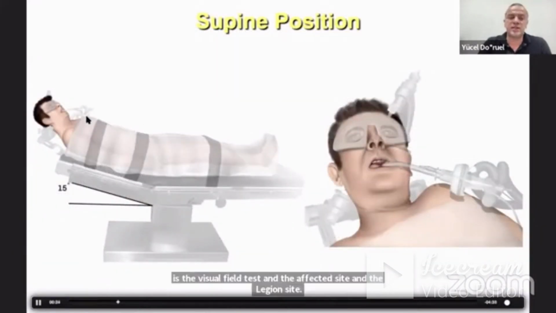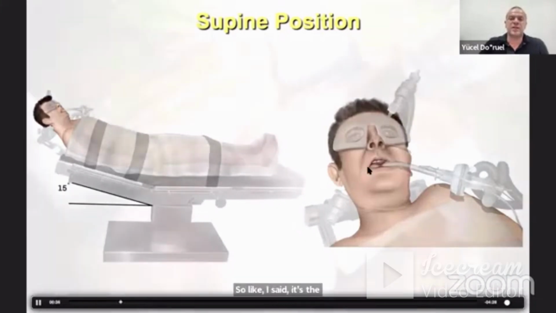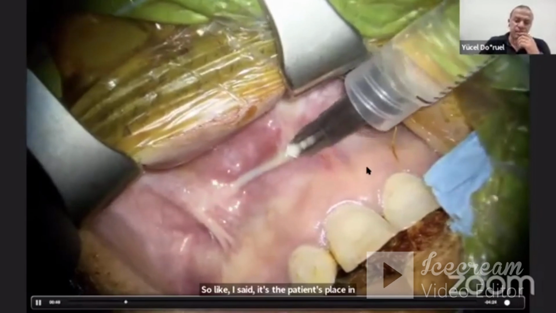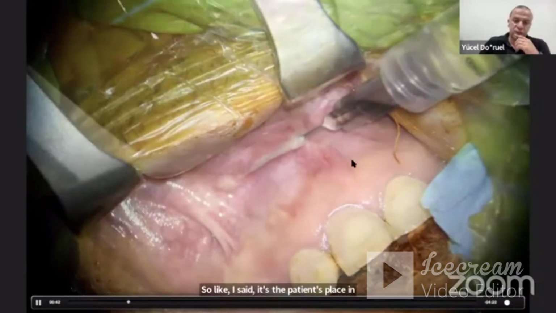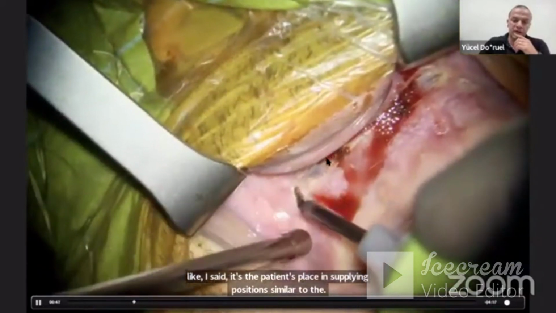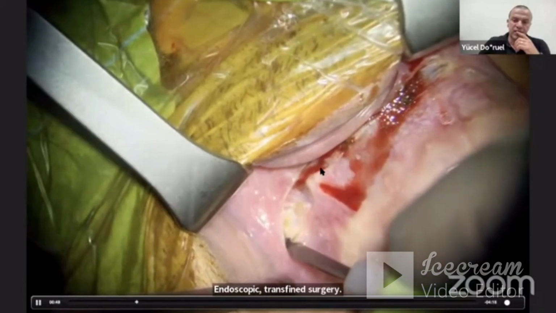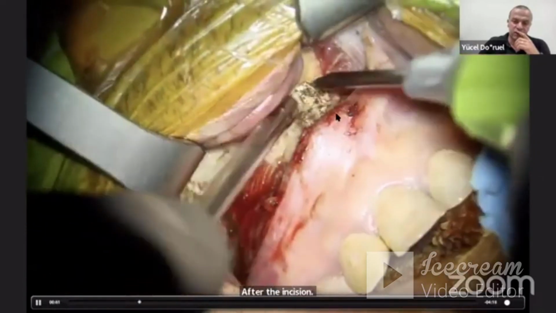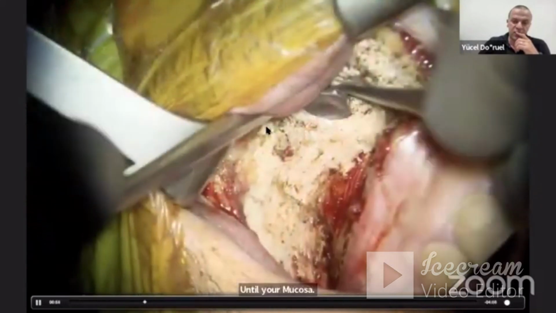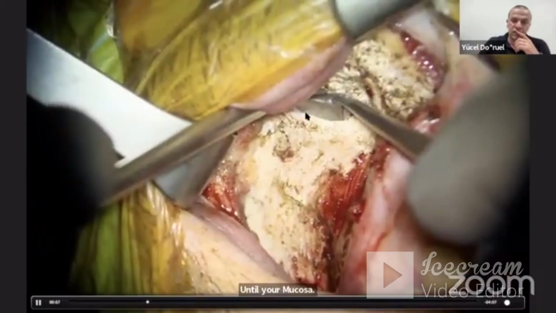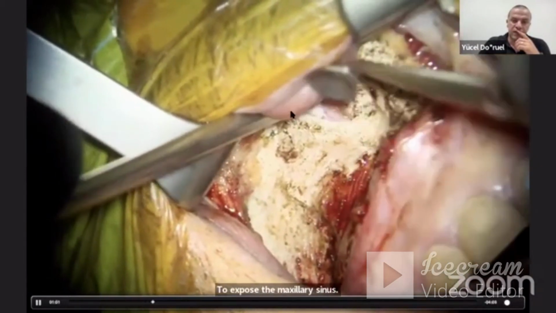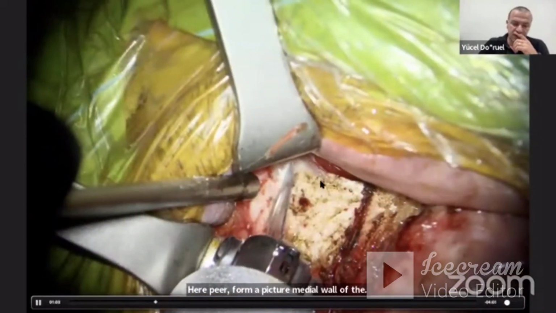Like I said, the patient is placed in supine position, similar to endoscopic transnasal surgery. After the incision, we dissect the anterior mucosa to expose the maxillary sinus. Here are the piriform aperture and the medial wall of the maxillary sinus.